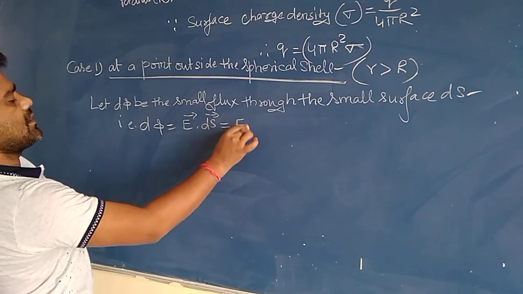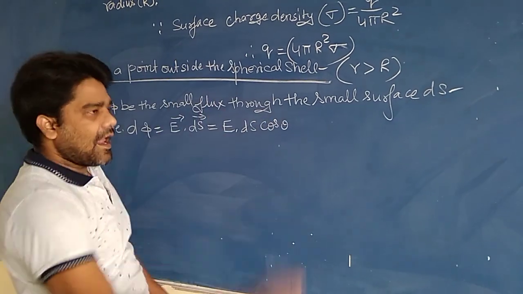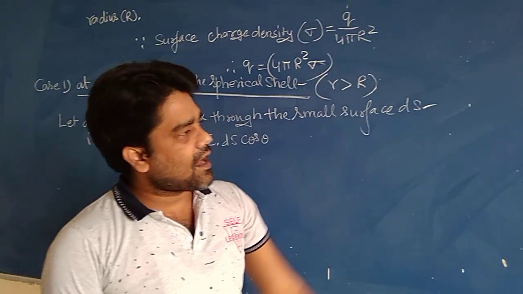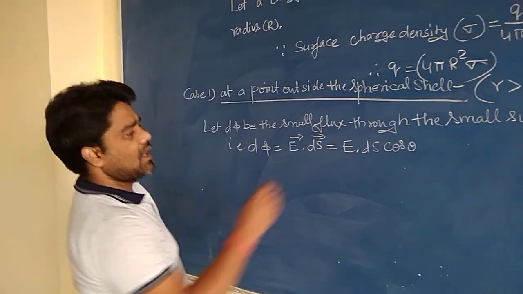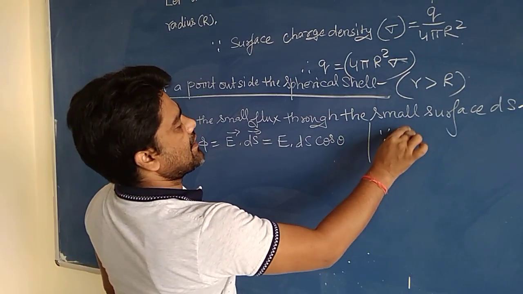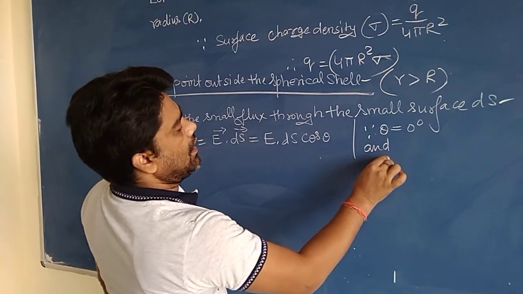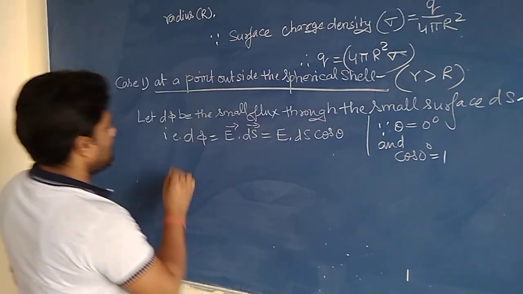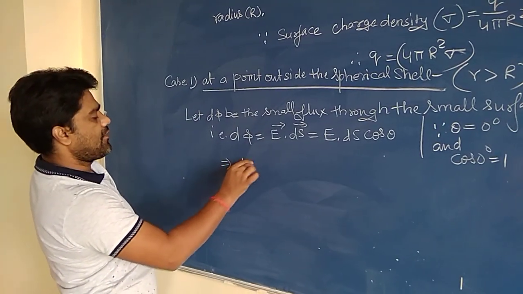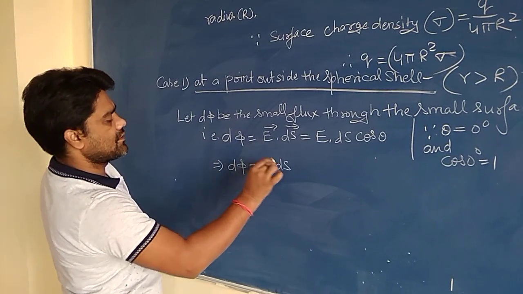So we can write E ds cos theta, and if we look, the direction of the electric field and the direction of vector area are both the same. So theta equals 0 degree, and we know cos 0 is 1. So the value of d phi is E into ds.